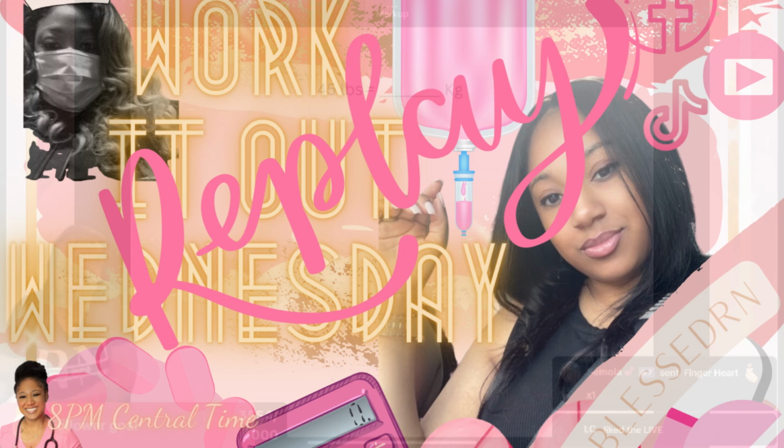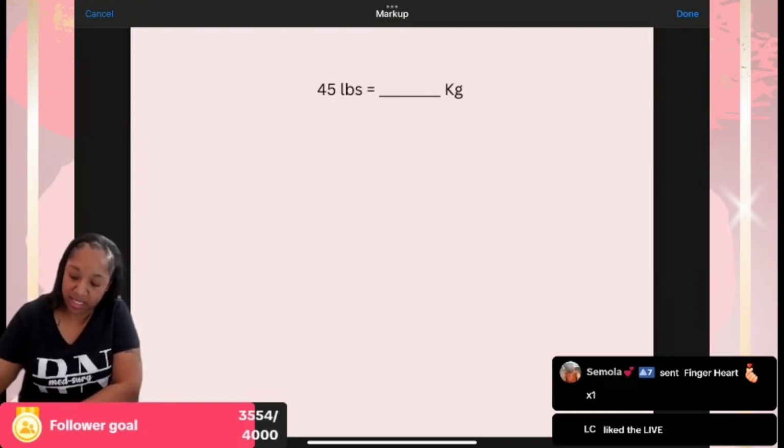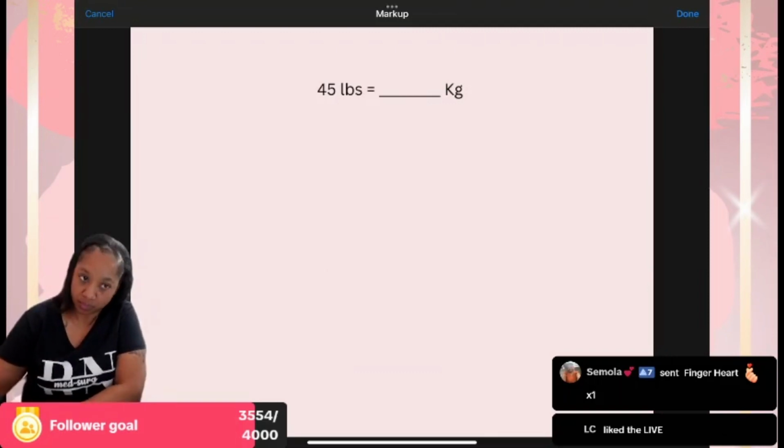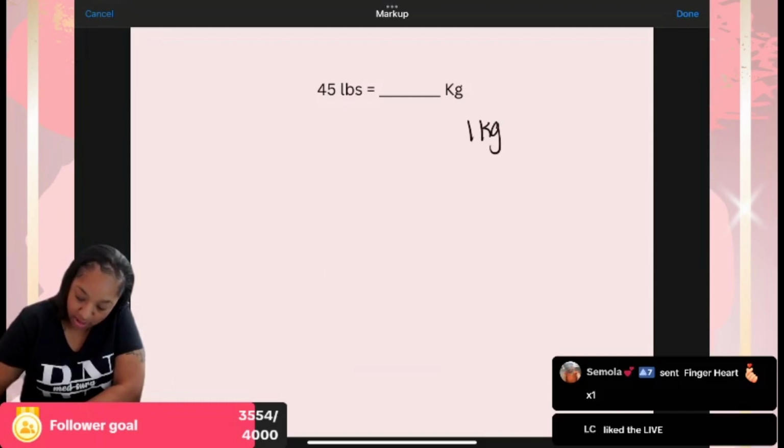Alright. So we start off with a couple of metric conversions and then we go into some harder stuff. Alright, so 45 pounds equals how many kilograms? So we know that we need a conversion here. Our kilograms are going to be 1 kg equals 2.2 pounds, right?